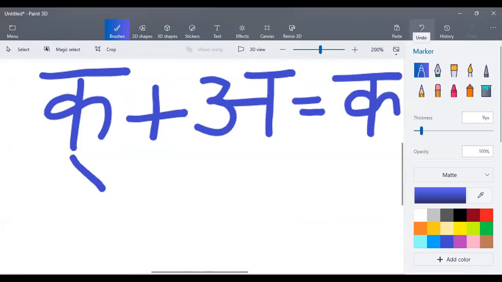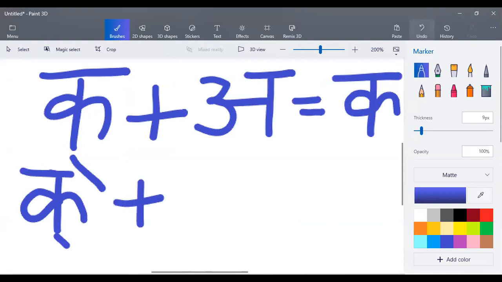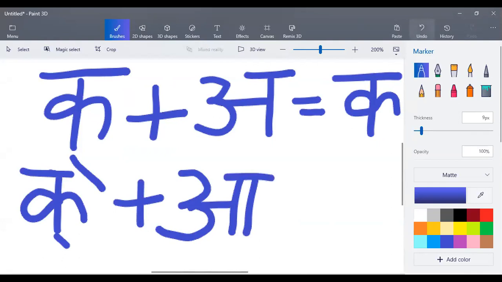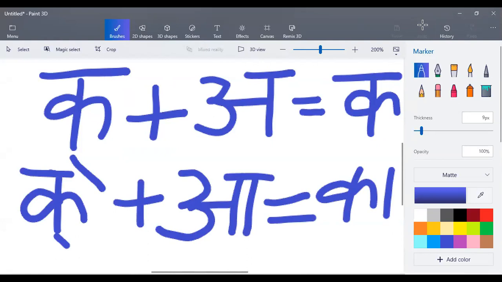Similarly, when you add the second vowel, aa, what happens? The first thing is the nasal stroke vanishes, right? And aa is represented by the vertical stroke to the right of the consonant. So it becomes kaa.